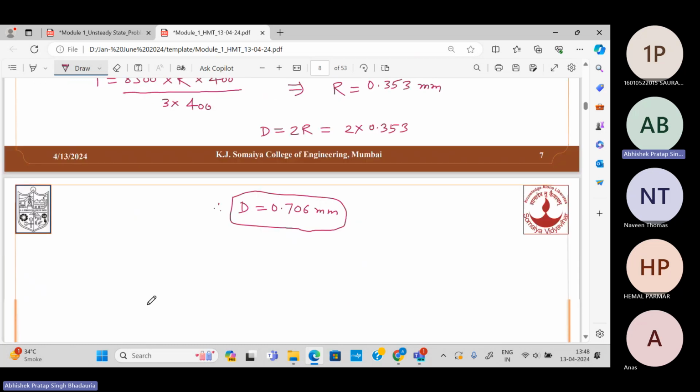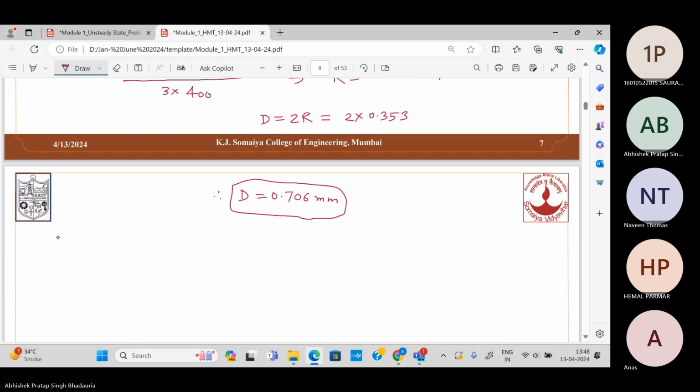Now what is the first step to solve this problem? Again, we first of all find the Biot number. The formula for calculating the Biot number is h L_c by k. For a sphere, L_c is r by 3, so Bi equals h into r by 3 divided by k. The convective heat transfer coefficient is given as 400.